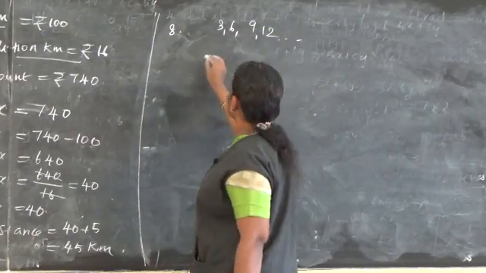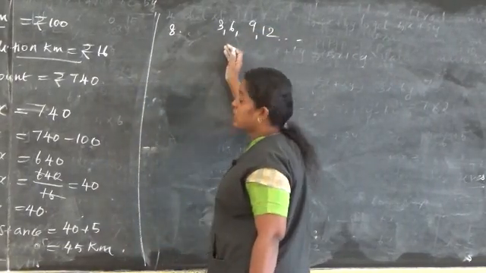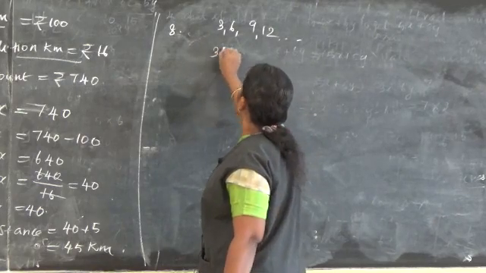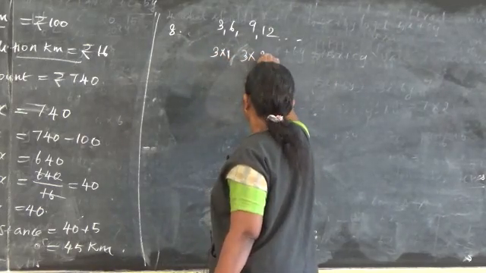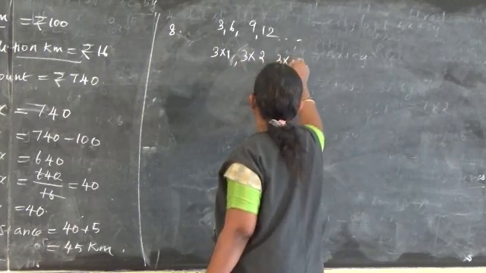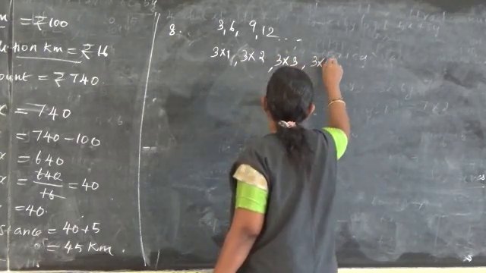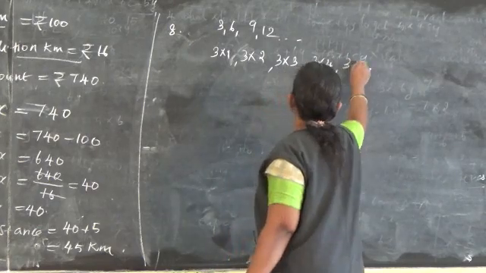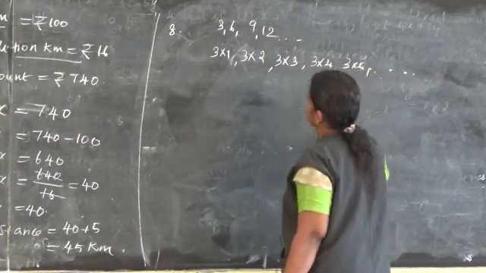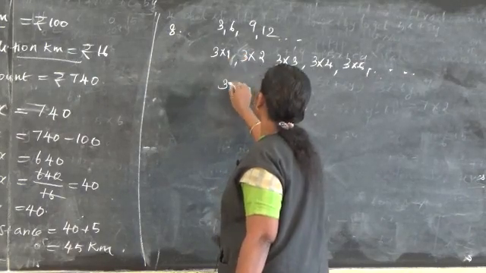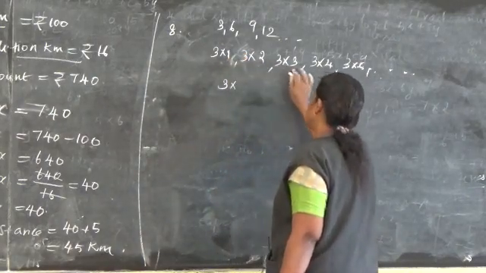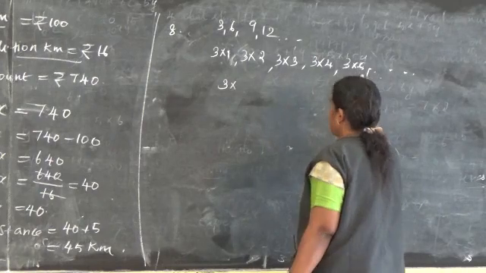After looking at this pattern, you know very well this is the multiplication 3 table, no? 3 into 1. The next number, 3 into 2, 3 2s are 6. So 3 into 3, 3 into 4, it goes on, 3 into 5. So the 3 table means 3 1s are 3, 3 2s are 6, 3 3s are 9, 3 4s are 12, 3 5s are 15.